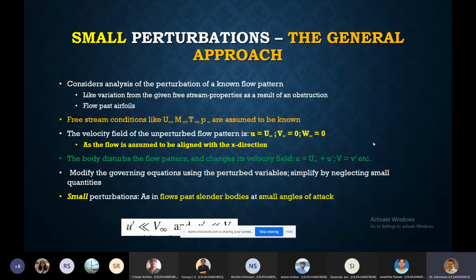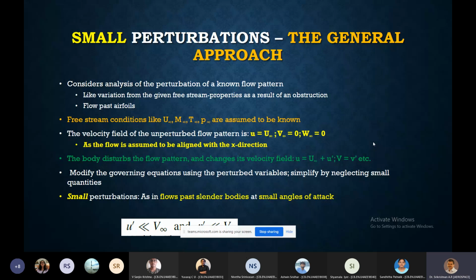So small free stream disturbances as a result of an obstruction. So how does that obstruction impact the flow field? And when such obstructions are relatively less, we consider those as small perturbations of the flow field.